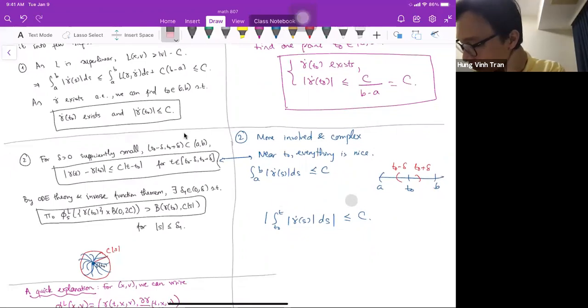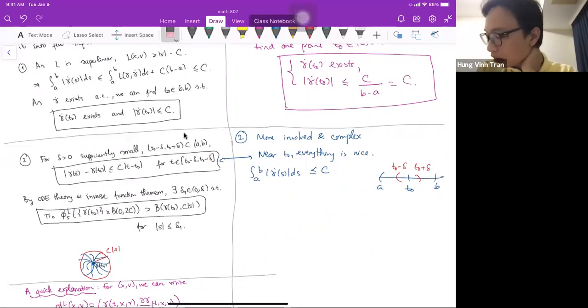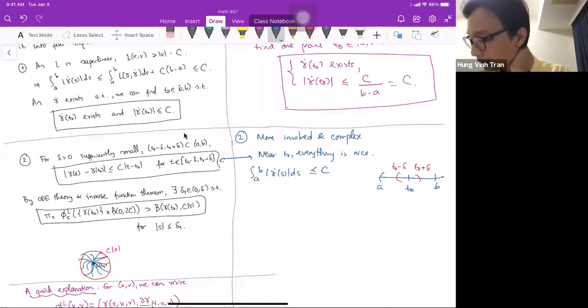There's no need to use this. So from here, sorry, I want to say something simpler. I don't want to use big mechanism here. You have gamma dot of t naught exists, and you have gamma dot of t naught is bounded by a constant.